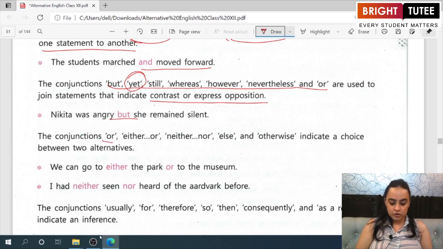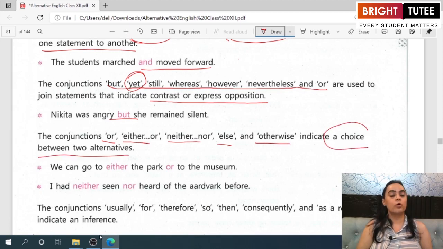Then the conjunctions or, either or, neither nor, else, otherwise, they indicate a choice between the two alternatives. We can go either to the park or to the museum. I had neither seen nor heard of the aardvark before.